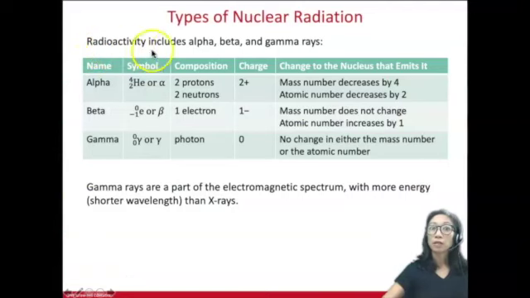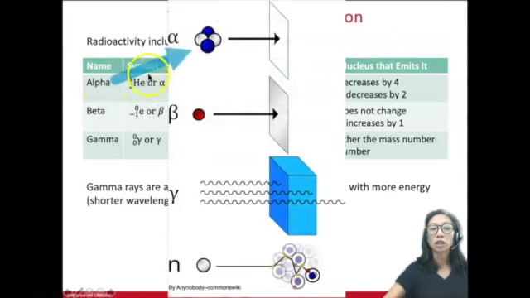Remember that radioactivity includes alpha particles, beta particles, and gamma rays. And alpha particles are these relatively large helium nuclei. So the helium nucleus cannot actually travel that far, and it can be easily blocked, sometimes by just a piece of paper.